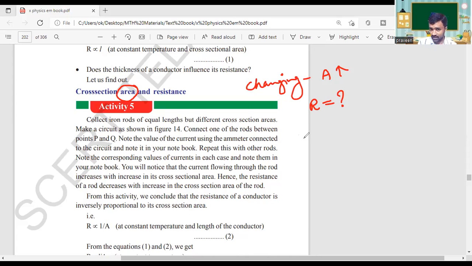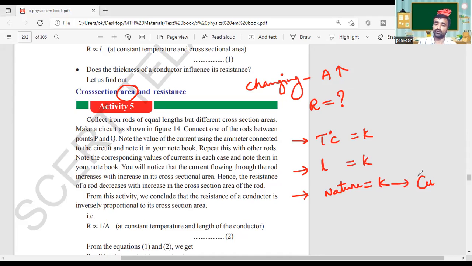Here I am maintaining temperature constant, length constant, and the nature, that means the wire material, constant. I select a copper wire and fix the length at 10 centimeters.